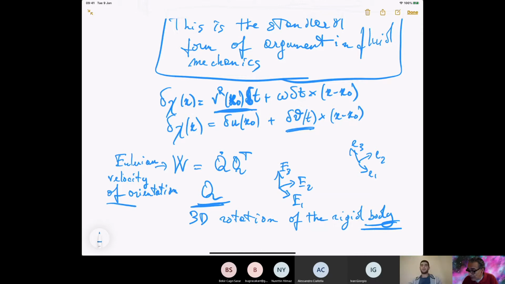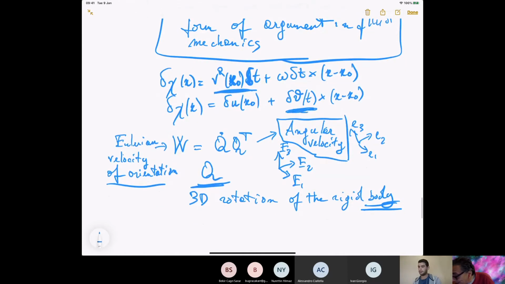So sometimes this is called angular velocity. Okay. So we want to suggest that the angles giving the orientation of the body are changing a little bit.